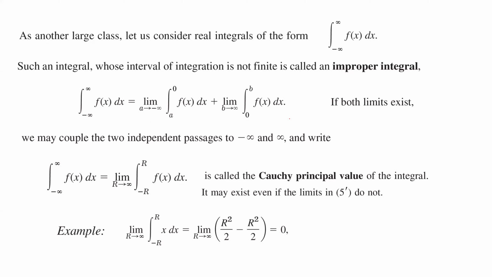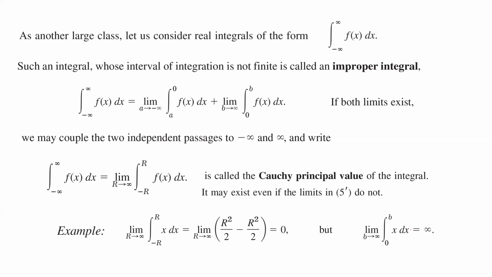An example is this: the limit of the integral from -r to r of x dx as r goes to infinity becomes the limit of r squared over 2 minus r squared over 2, which equals 0. But you see that each one of them, from 0 to b as b goes to infinity, doesn't exist.